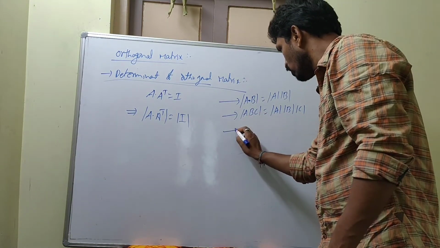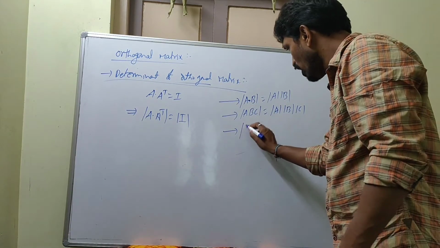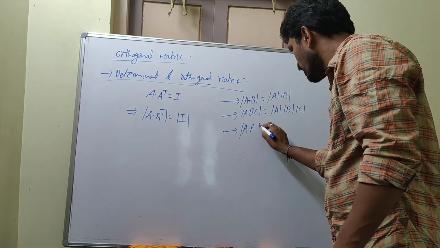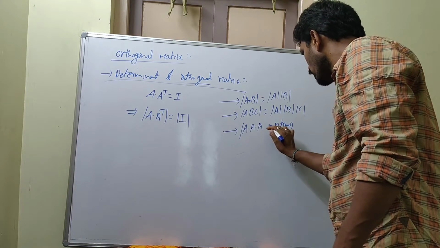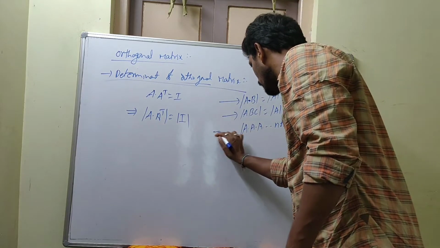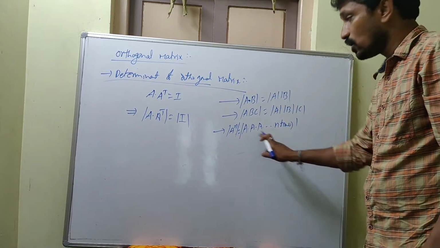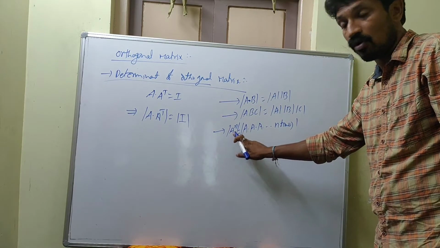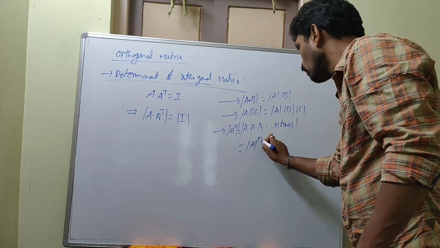Similarly, I am giving here only one condition based on determinants. If you have det A into det A into det A up to n times, how can you write this n times? This is nothing but det A power n. What is this determinant value? Det A power n is nothing but det A whole power n. Why?